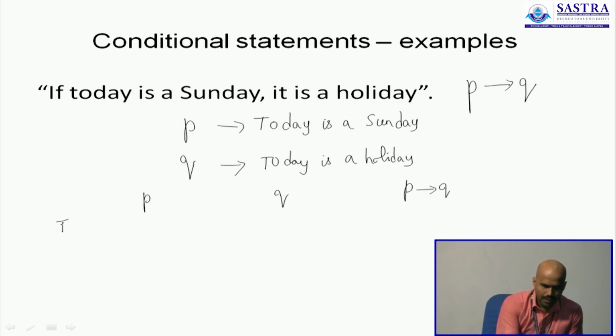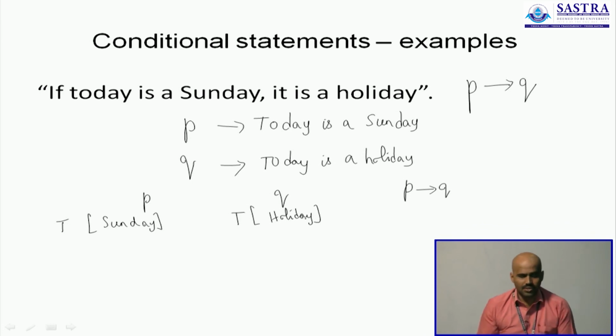Let's make P assume a true value, which means the day is a Sunday, and Q also a true value, which means it is also a holiday. Then we say that both statements are true because that's how we have assumed it. Therefore the conditional will also maintain the same truth value.